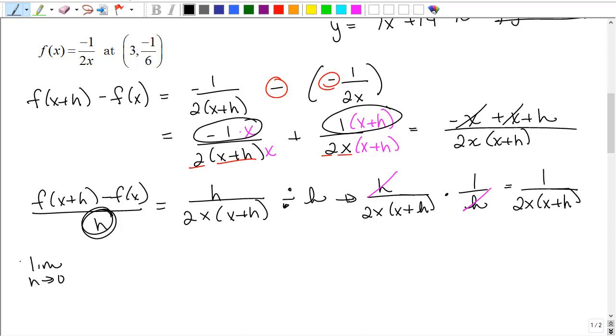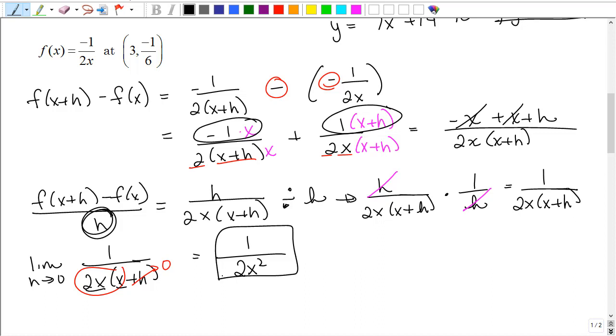Remember, that last step is to take that limit as h approaches 0. So this goes to 0, and I'm just left with 1 over 2x times x, 1 over 2x squared. So that is my derivative, or the slope of the tangent line in general.